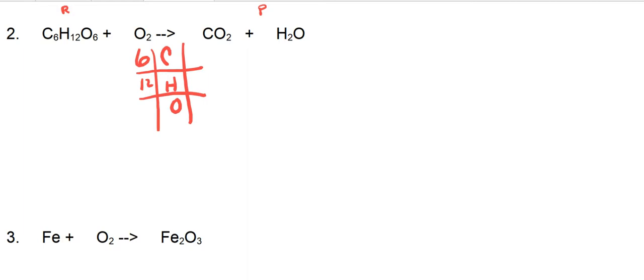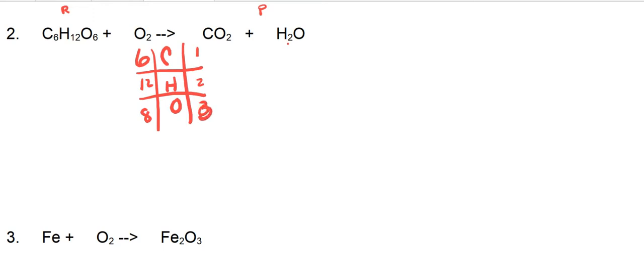We also have 6 in the C6H12O6, which is glucose, plus the 2 in the individual oxygen, so that's a total of 8 on the reactant side. On the product side, we have 1 piece of carbon, 2 pieces of hydrogen, and we have 3 pieces of oxygen.